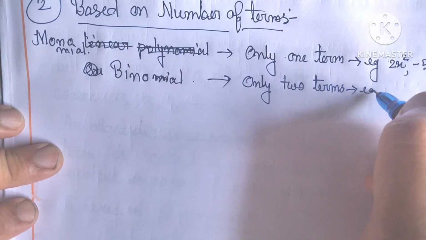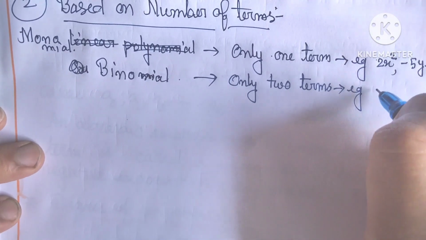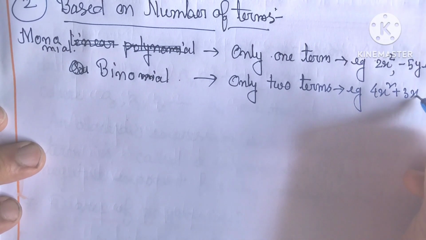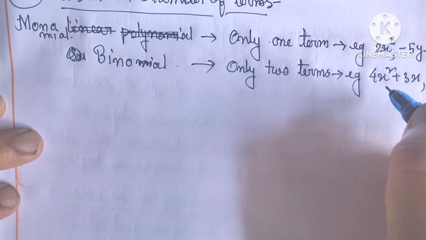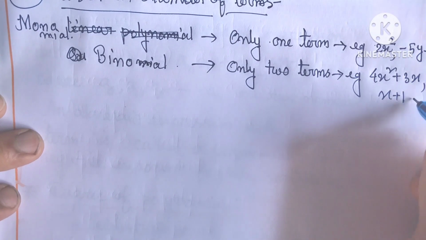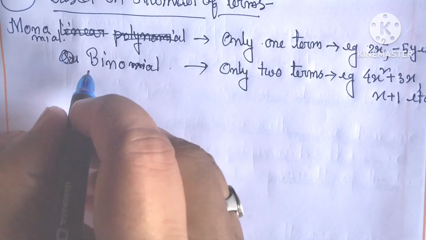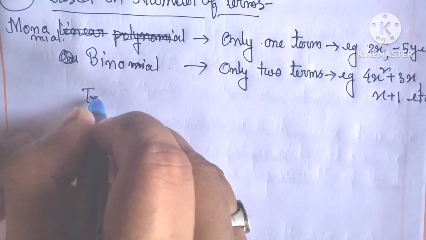For example, 4x square plus 3x, x plus 1, etc. All are binomials.